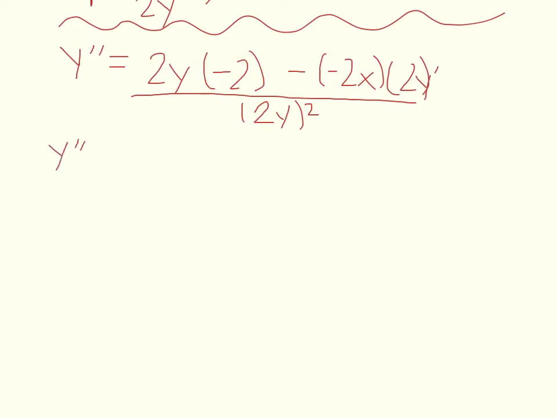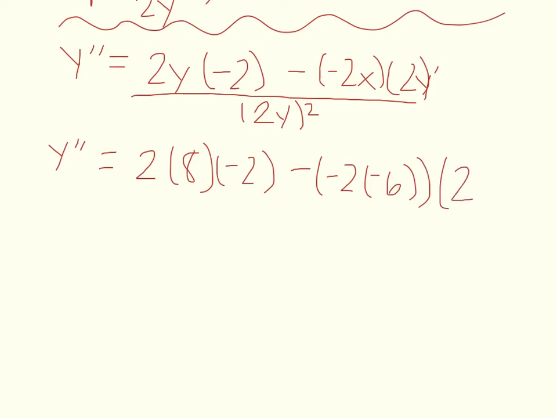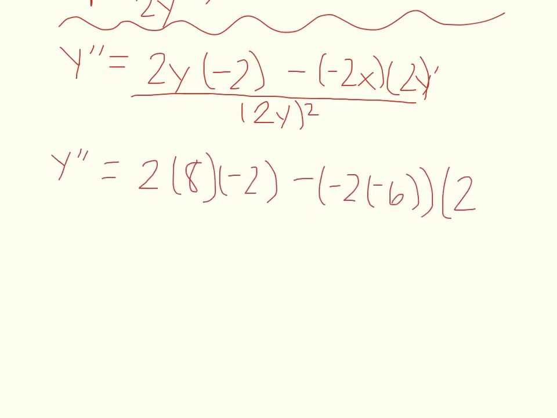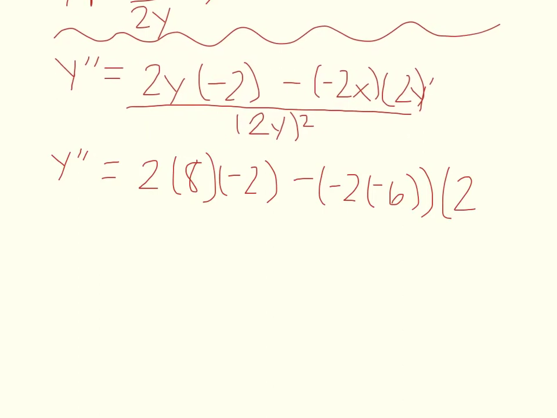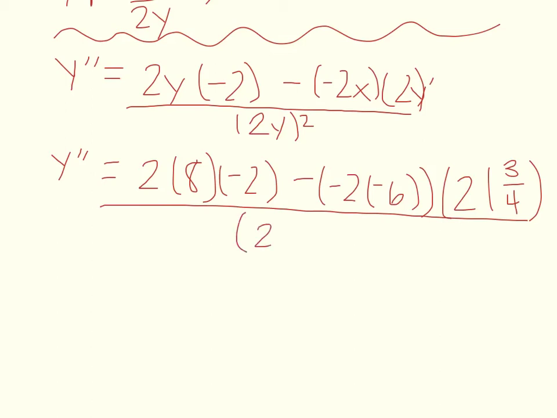So the second derivative of y equals 2, y was 8, times -2, minus -2, and then x was -6, times 2 y prime, which was what we solved earlier, which was 3/4, all over 2 times y, which is 8, and then squared.